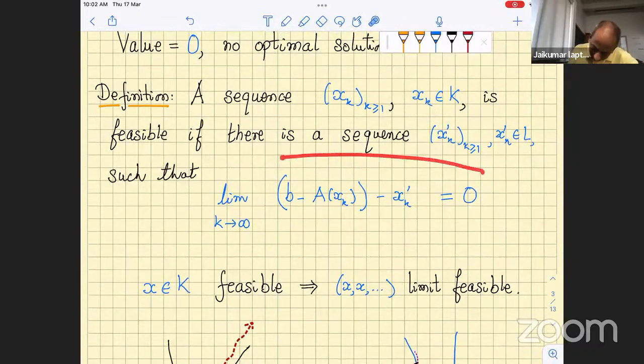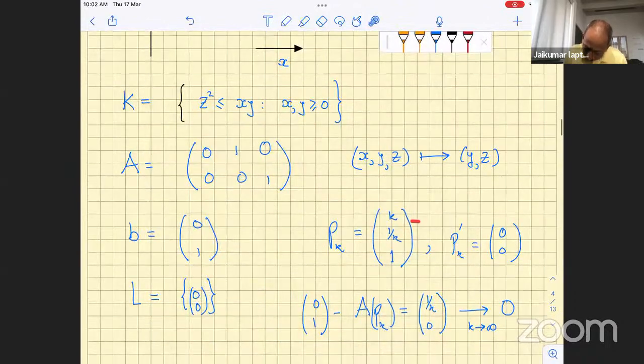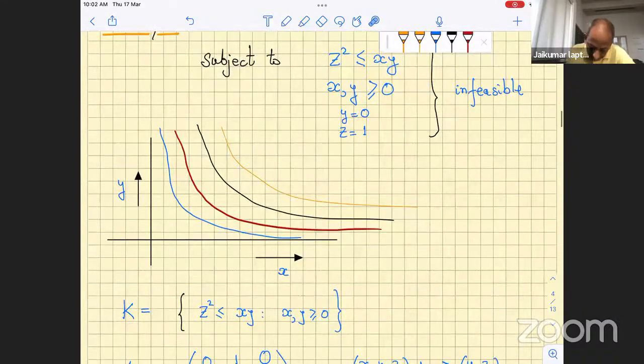So the claim is that this particular cone program, which is infeasible to begin with, admits a feasible limit sequence. And the point is this, if you look at these points, which are these points? You understand, when I draw this curve it is raised above my paper.